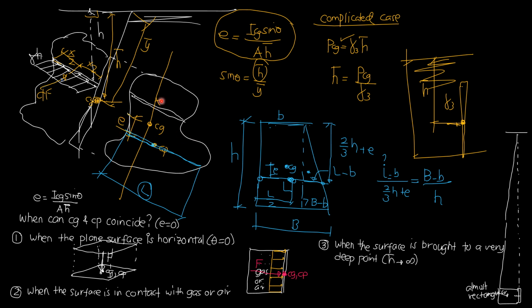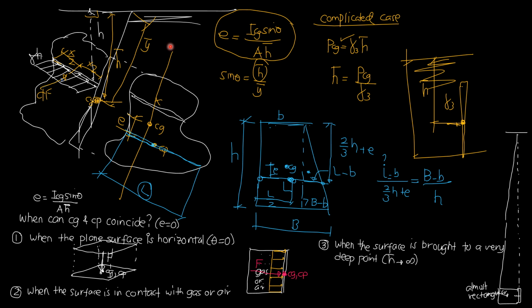If the plane surface is vertical, e is just e sub V. And e, by the formula and in the derivation, is equal to the moment of inertia with respect to the centroidal axis of the area or plane surface, I sub CG, sine of theta divided by area times bar h.